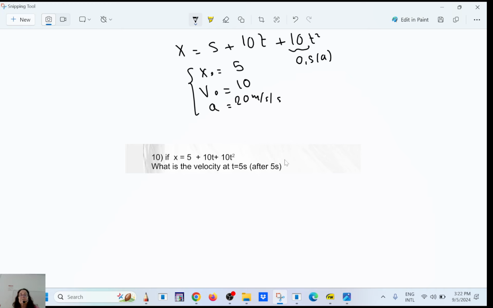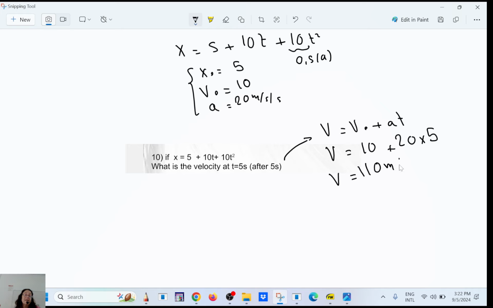Okay, so now, how can I find the final velocity? So what's the initial velocity? 10 plus, what's the acceleration? 20 times 5.